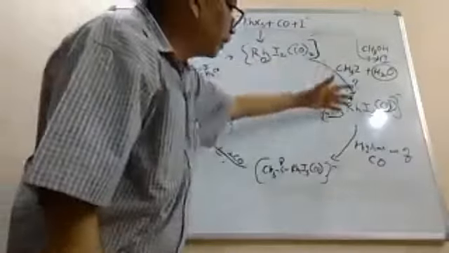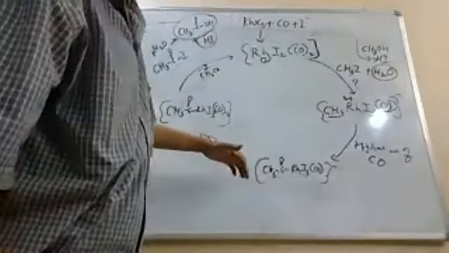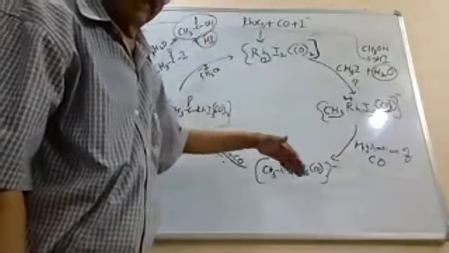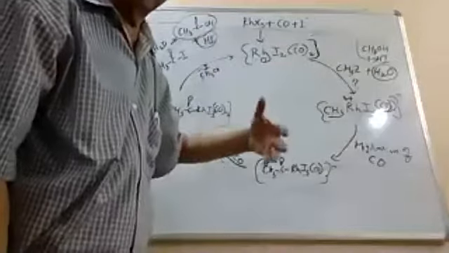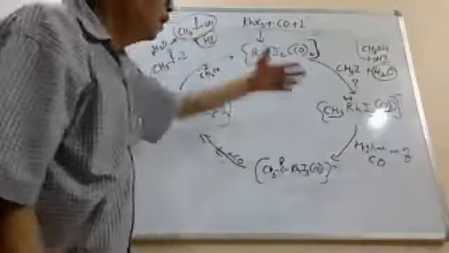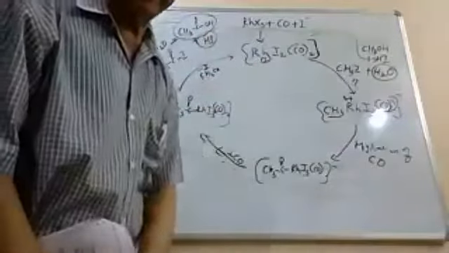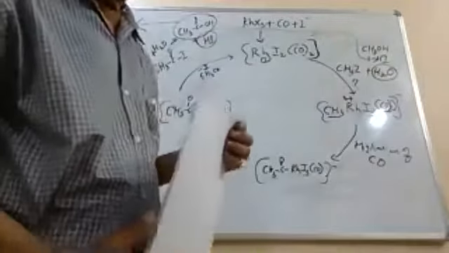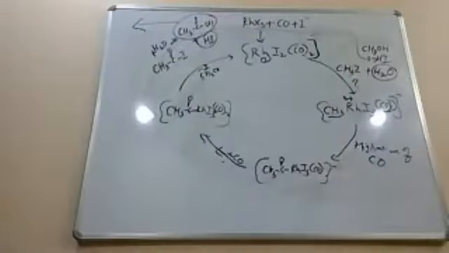So there are several steps here, and I explained to you the migrations, the insertions, the ligand association, oxidative addition, reductive eliminations, all these things are beautifully depicted here. Questions on the Monsanto process?